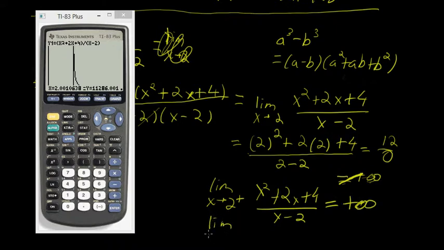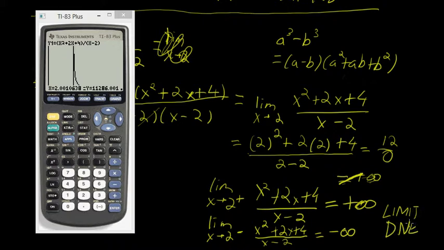And the limit as x approaches 2 from the left of x squared plus 2x plus 4 divided by x minus 2 is negative infinity. And these two limits are different, coming in from the right and the left, so we conclude that the limit does not exist, and we abbreviate that with DNE.